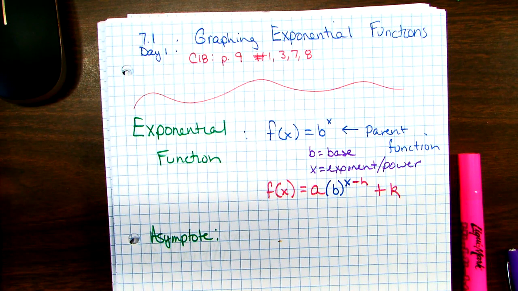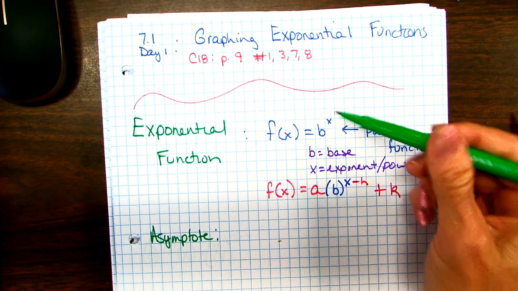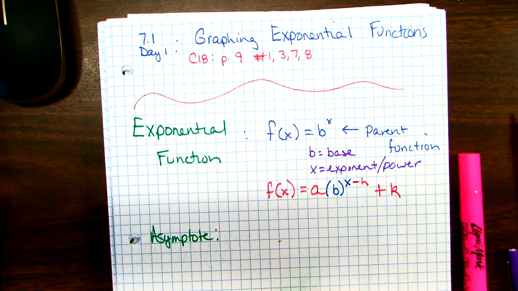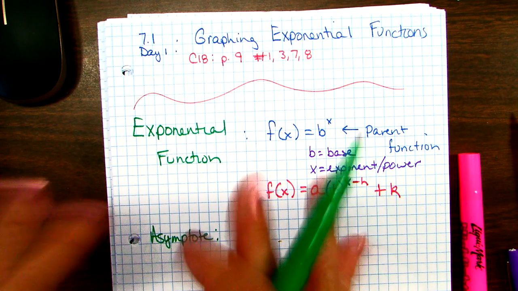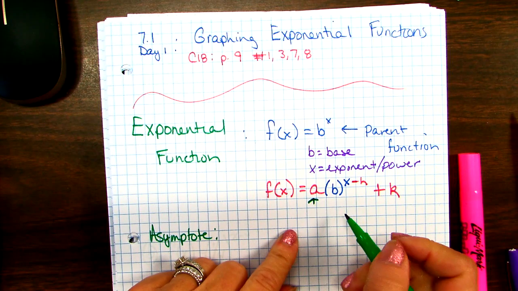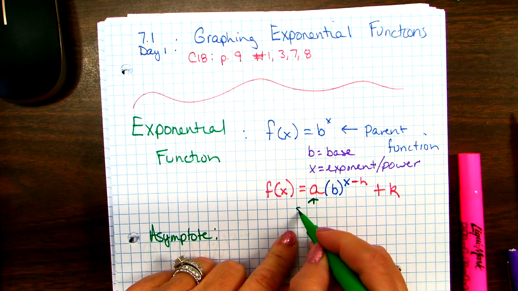Those variables, a, h, and k, we've seen them many, many times before. I kept in blue that base function, base and the power. So a, h, and k added on do things to the basic graph. So a stretches or shrinks the graph.